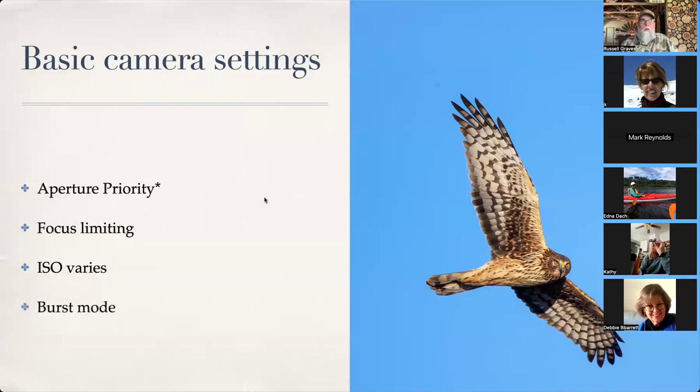And then burst mode. Shooting birds in flight is like a war of attrition. You just want to take a lot of pictures and put the numbers in your favor. I know it's a lot of pictures to go through, but set your camera at the highest burst mode it'll do. My Canon R5 Mark IIs, I think, will do 30 frames a second.